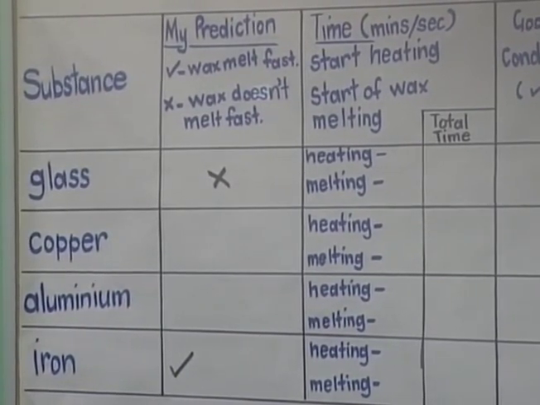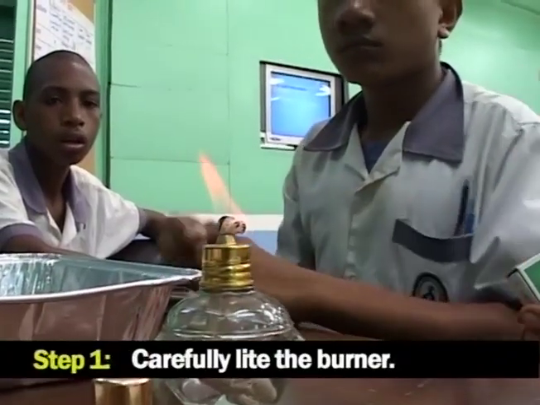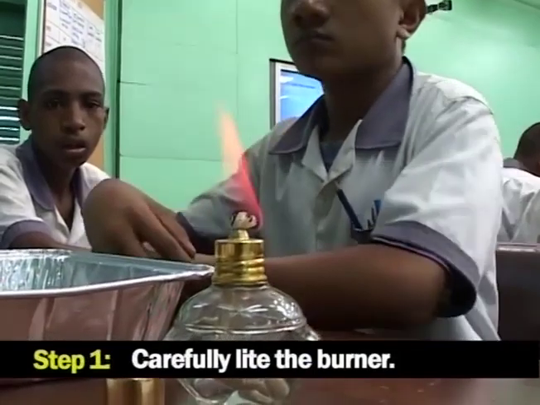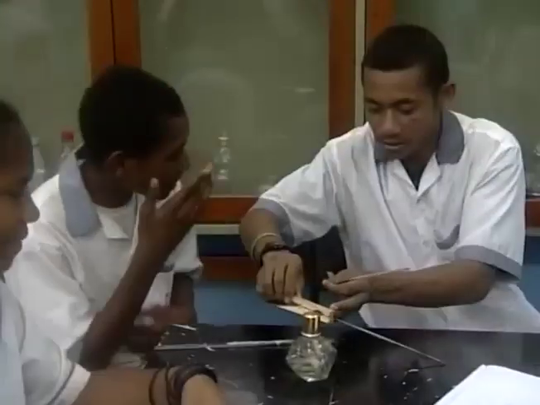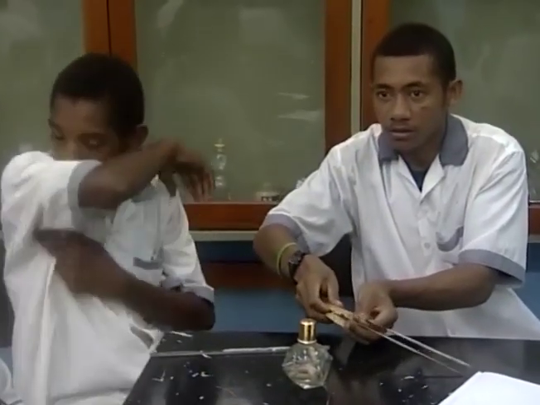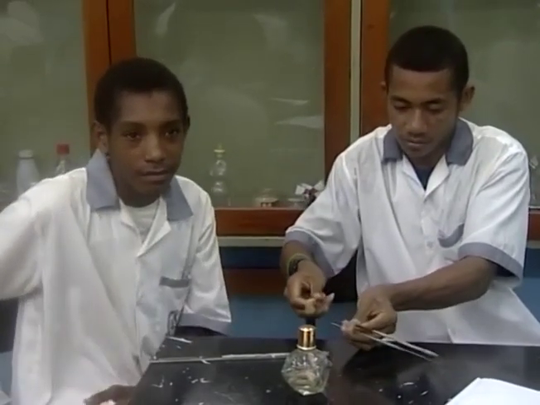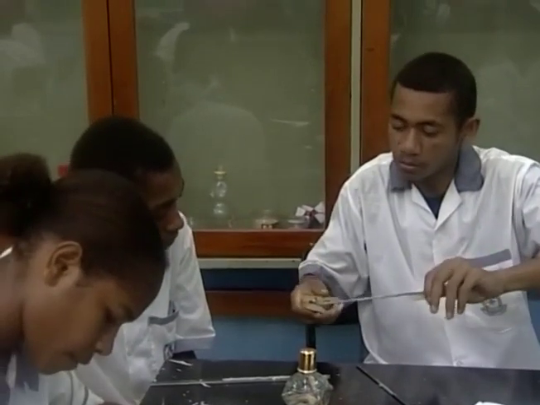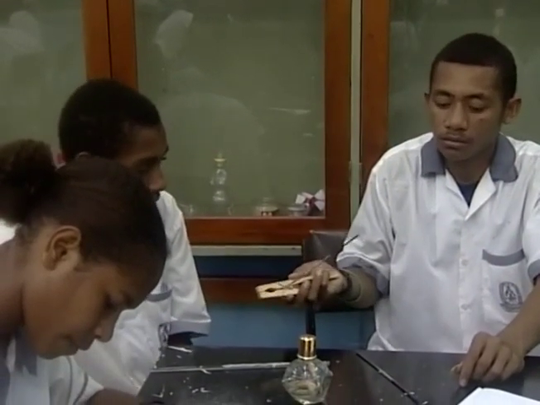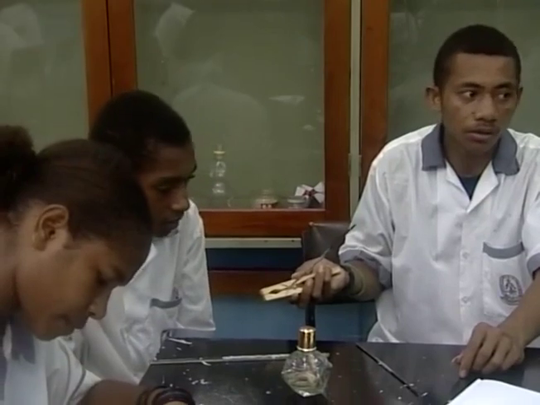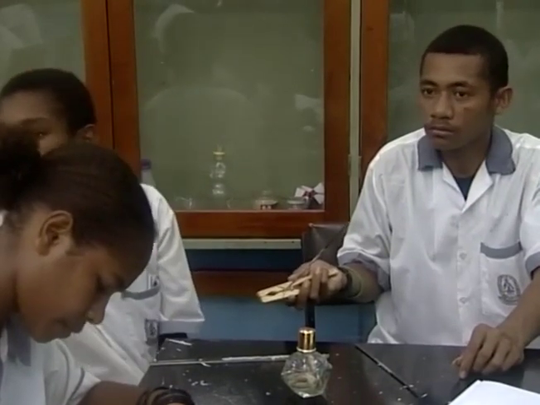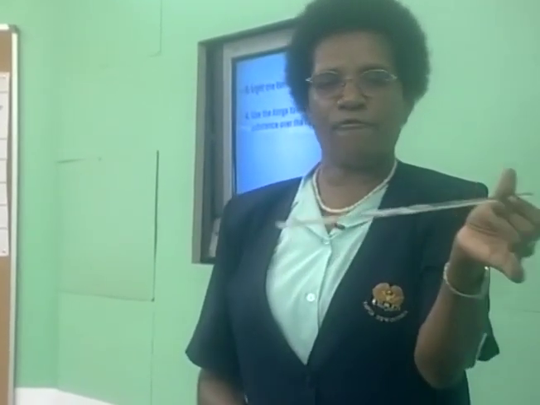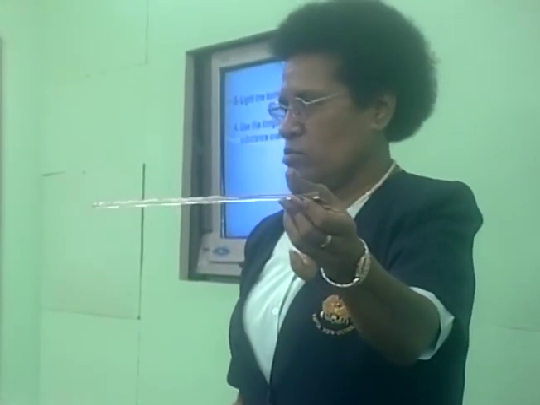Now you are to light your burners. If I can have the class, please, and the receiving students. I'll use the glass rod as an example to show you where you should hold the substance for heating. You should have one end coated with wax and the other end free, nothing on.